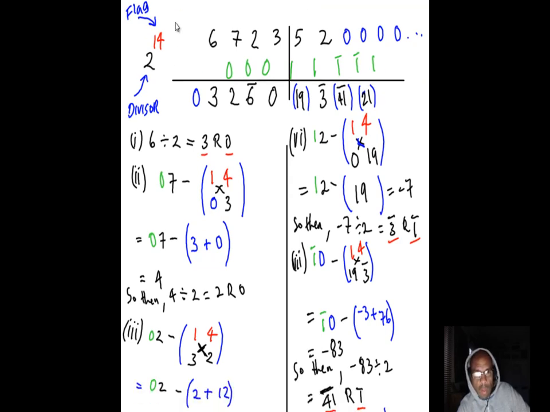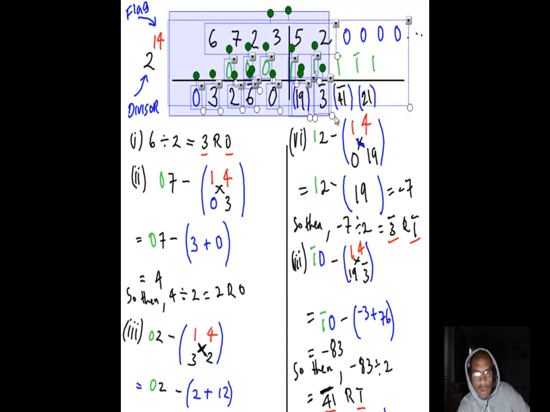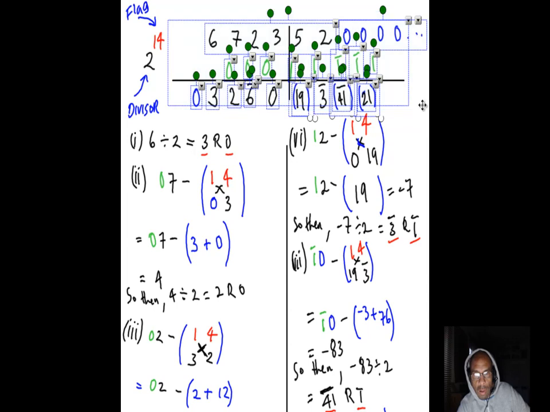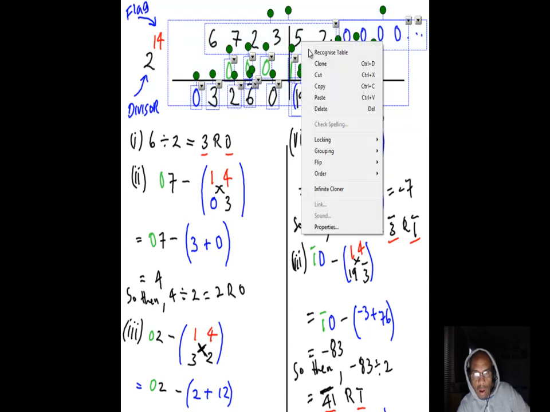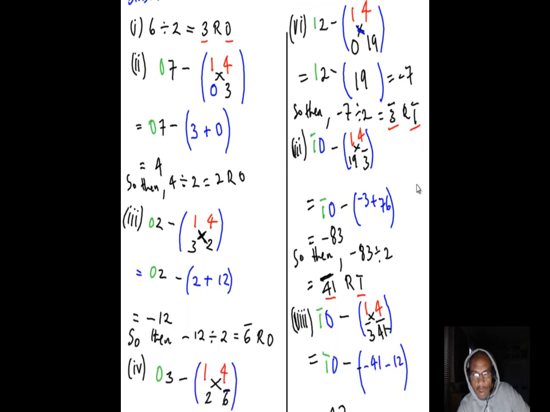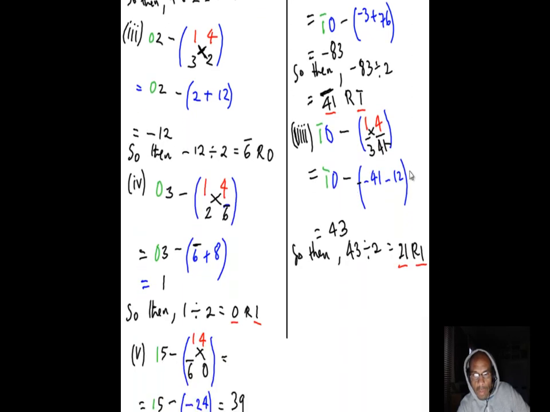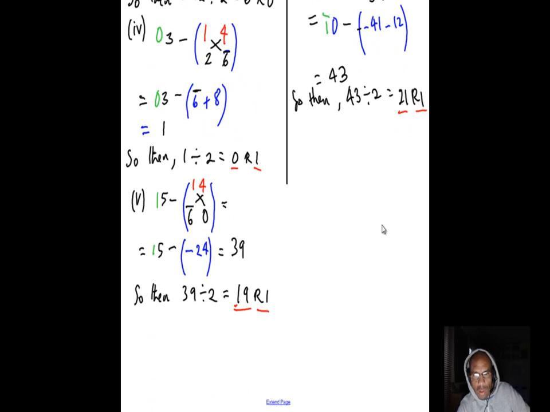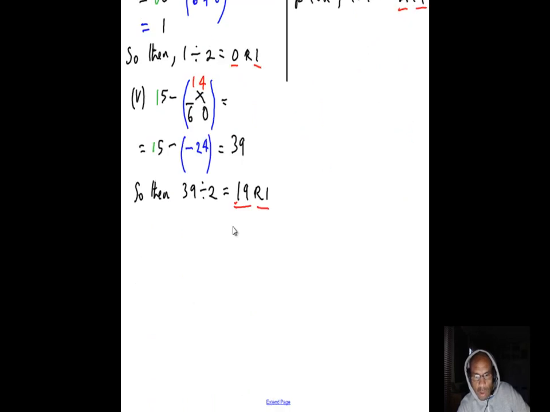Can I make a copy of all of that? I think I will. Copy it. Come down here, and come right the way down. We've done most of the hard work. Extend the page a little bit. Just paste it.